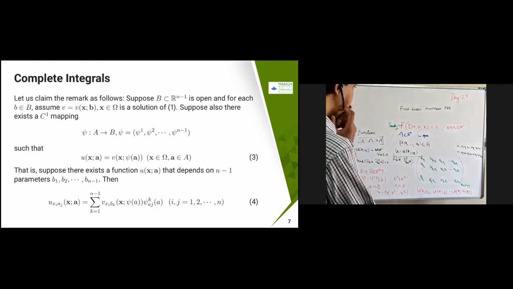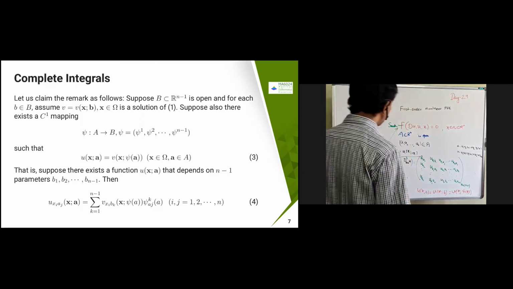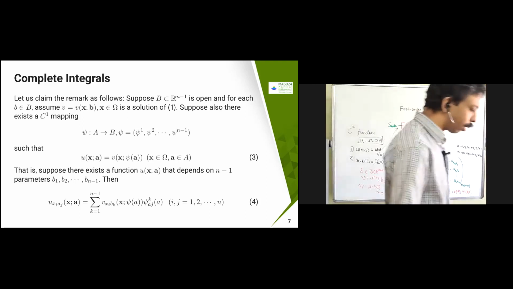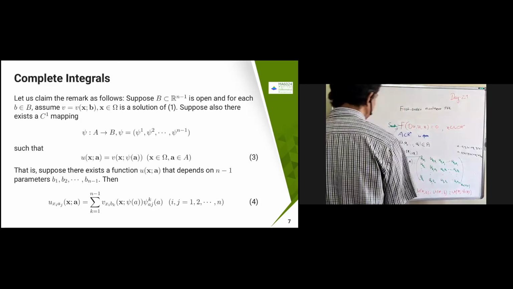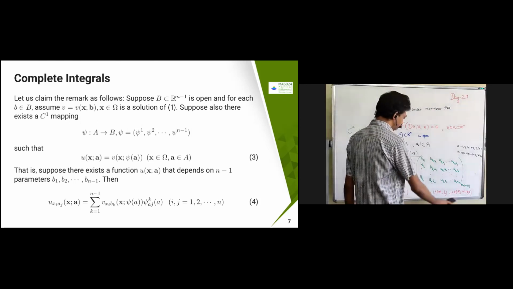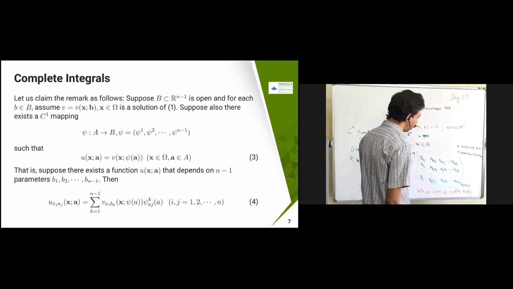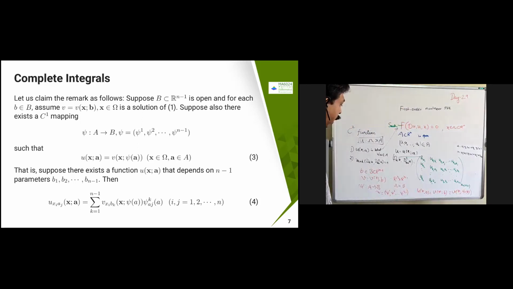So now suppose I find u of xi comma aj. Once again, b is a function of psi of a, so I can differentiate with respect to xi, and again you can use the chain rule.